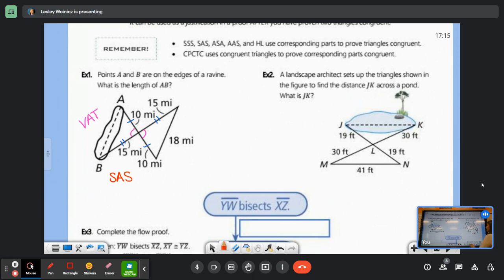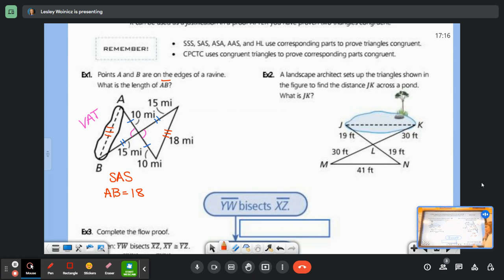So now I can say, well, if this last side is 18, so must side AB be 18. So I can say AB is 18. This AB should have a line over it. So if I forgot to add it at the end, will you add that, please?